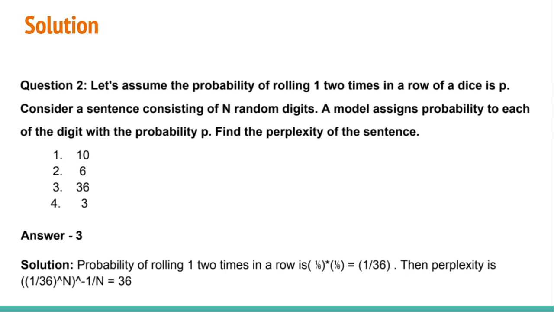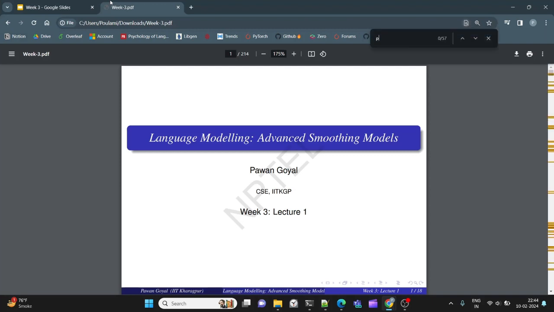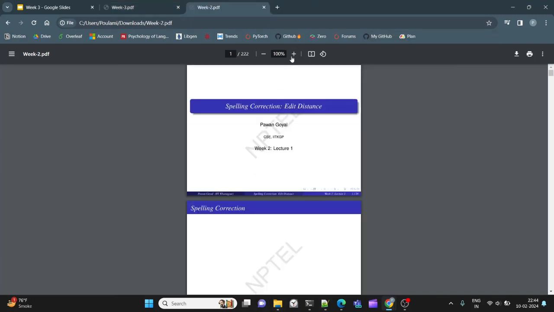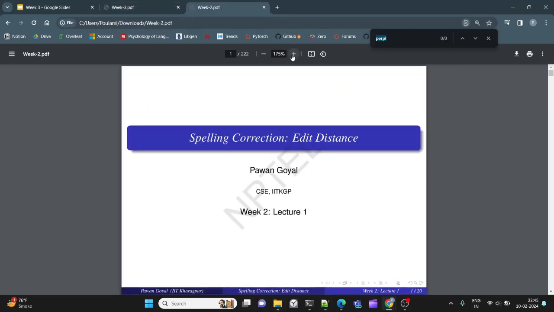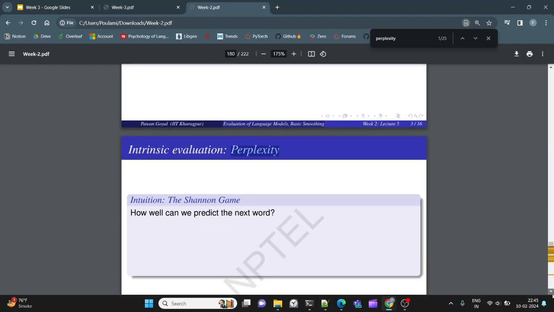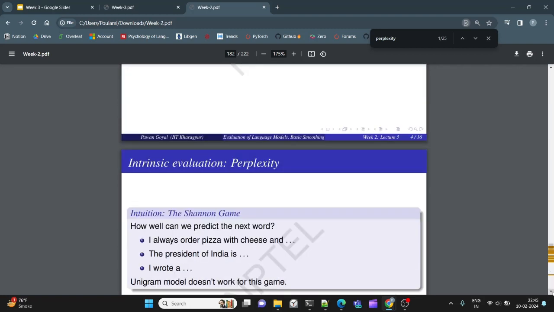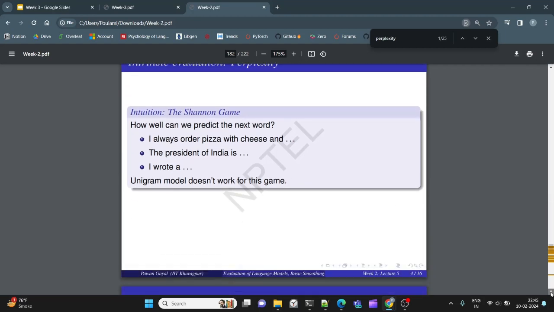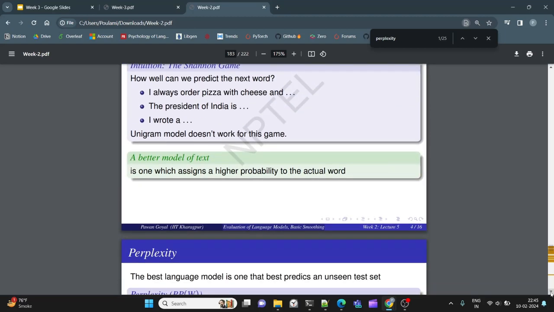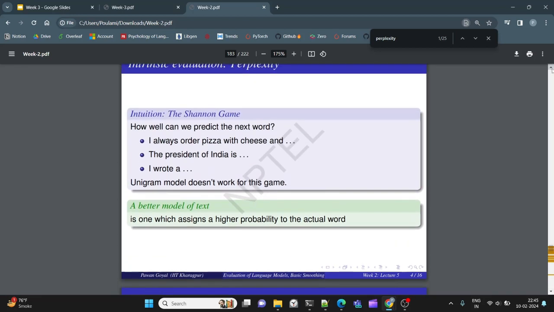Just a second. So let's take this example.